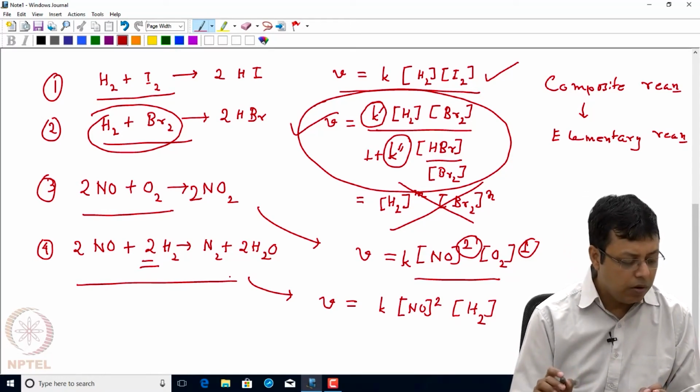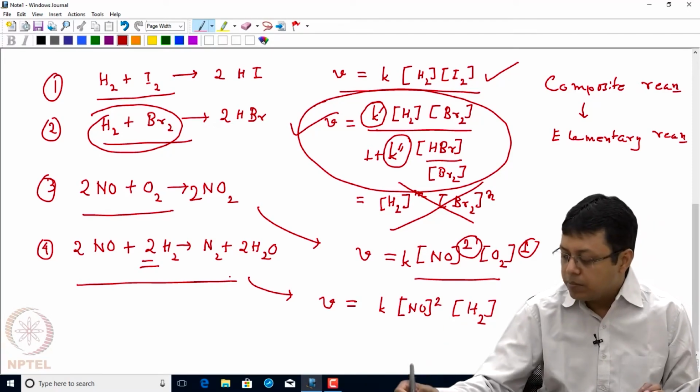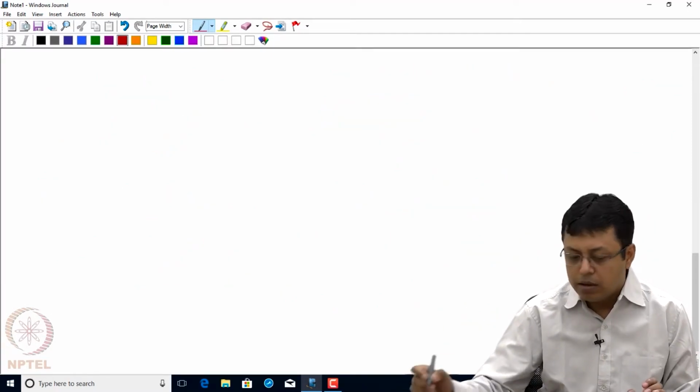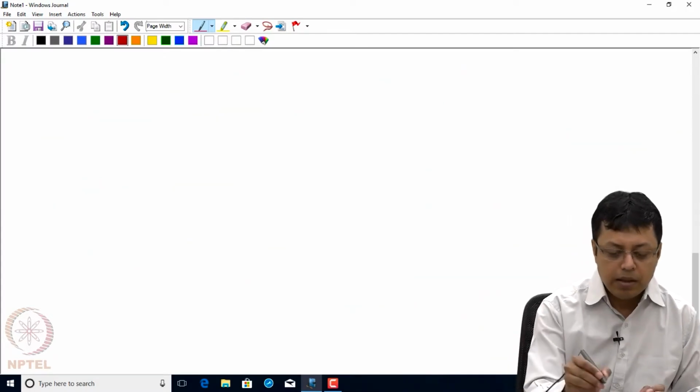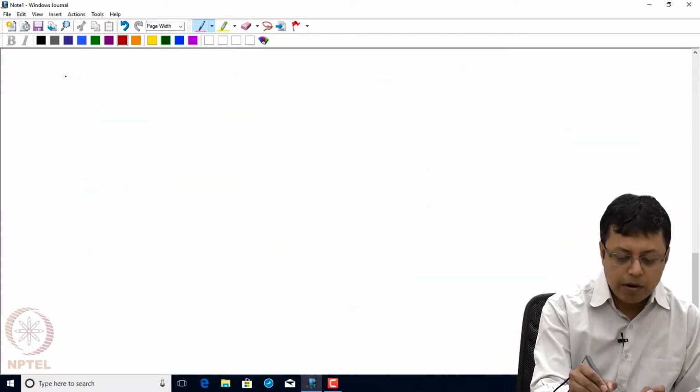Now we'll give you two more examples where you will see how very different it is. This rate law can be for a very simple reaction.